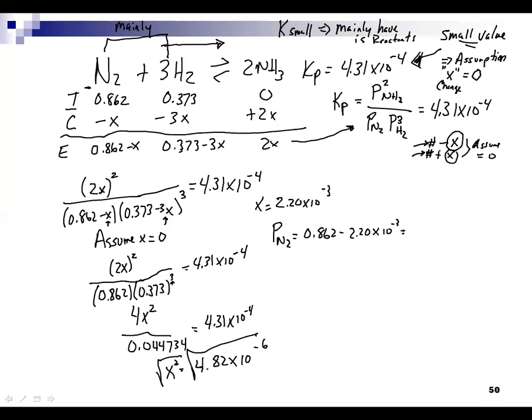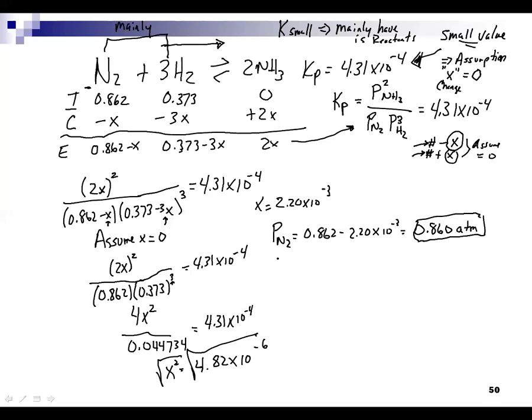And that will get you 0.860. And a reminder that this is a pressure, so we should have units of atmospheres on it.